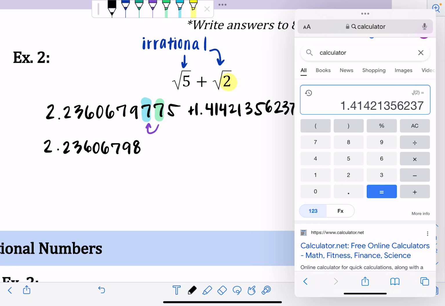And then hopefully I didn't miss any decimal places. I'm going to just round to the 8th place again. So that 6 is in the 8th place. I would look at the 9th place, the 2, and that number is less than 5, so I don't need to round up. I'm just going to cut it off after the 6, so it'll be 1.41421356.